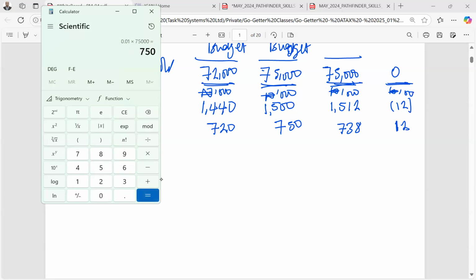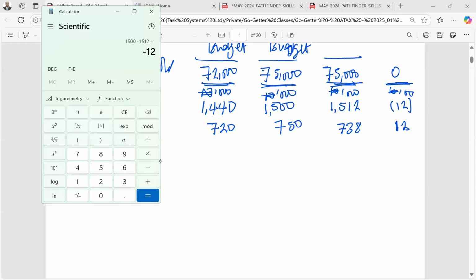That gives us 750. And you see here, 750 is the budget. 738 is the actual. When you minus the actual from the budget, we're having 12 as a positive figure, as against 1500 we got here minus 1512, we got a negative 12.